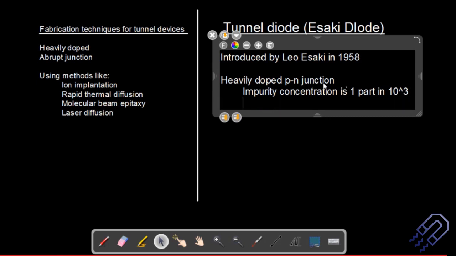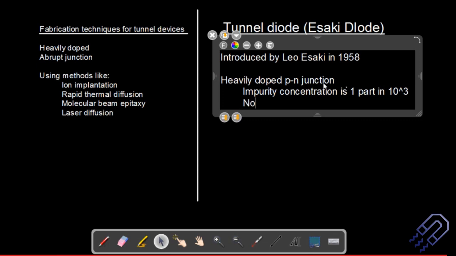So if we are doping, let's say, silicon with a group 3 element, then I will just take 1 atom of that group 3 element to 1000 atoms of silicon. How do I measure 1000 atoms? You have some amount, and then you can use Avogadro's number and you can know how many atoms are there, and based on that, you calculate how many atoms are needed for doping. So this is your heavy impurity.